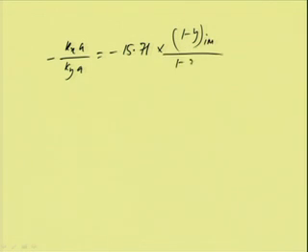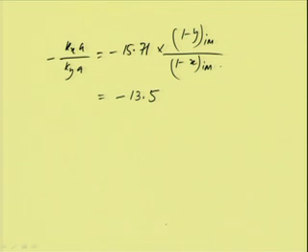Minus k_x a divided by k_y a is equal to minus 15.71 into (1 minus y_IM) divided by (1 minus x_IM). After substitution, this will be minus 13.5.